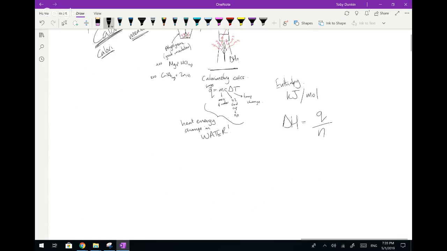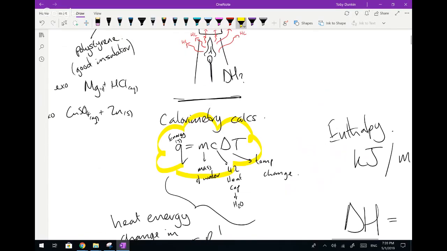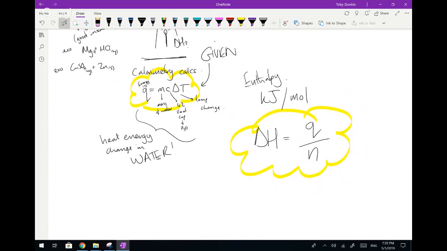Those two equations, I cannot stress. You don't have to learn that one, you're given that. Don't learn it. But you are not given this one, and you need to make sure you remember it.